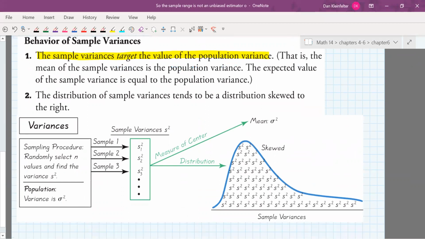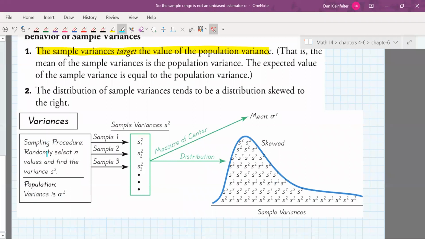So if you go out and take a bunch of samples, select n values and find the variance s squared, and make the distribution of all those little s squareds, the mean of that distribution is going to be equal to sigma squared.